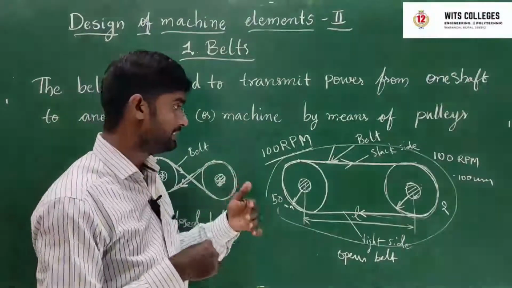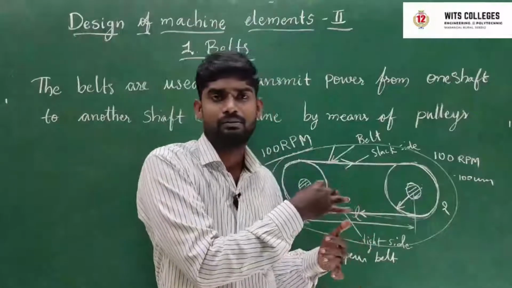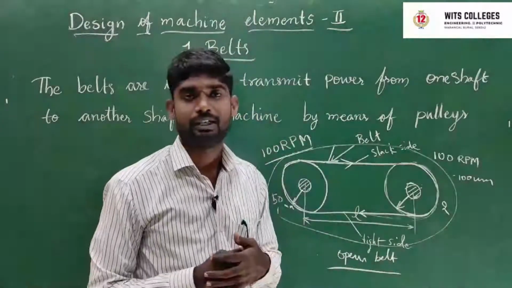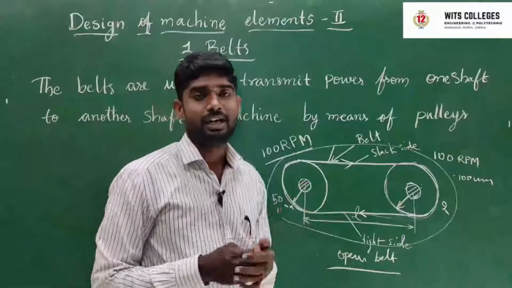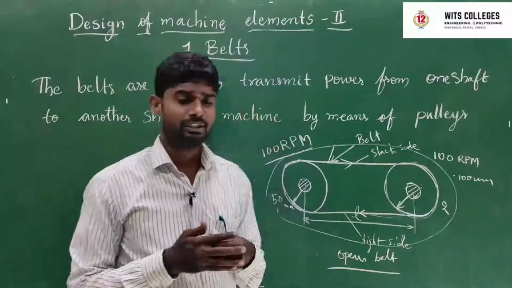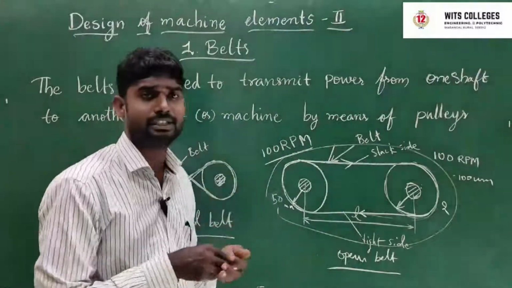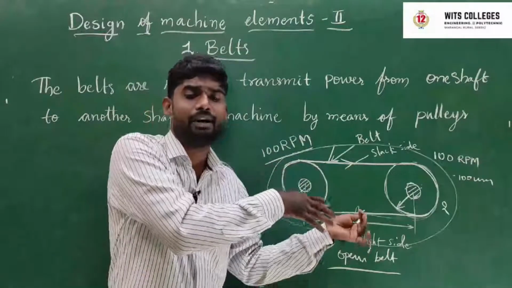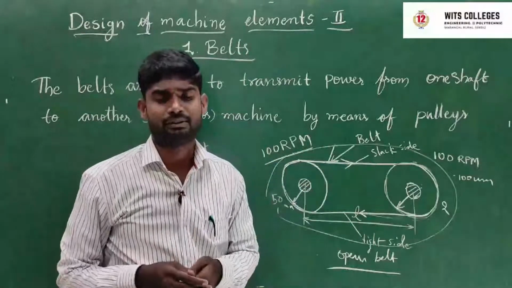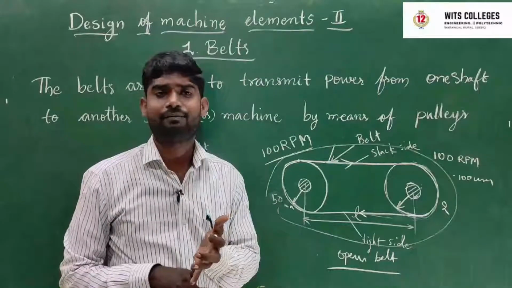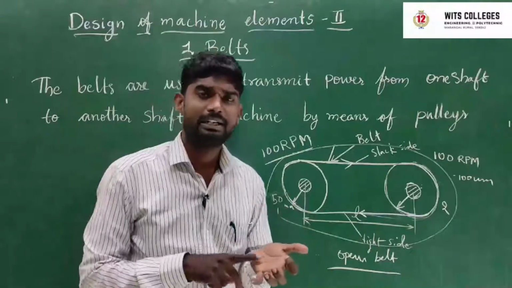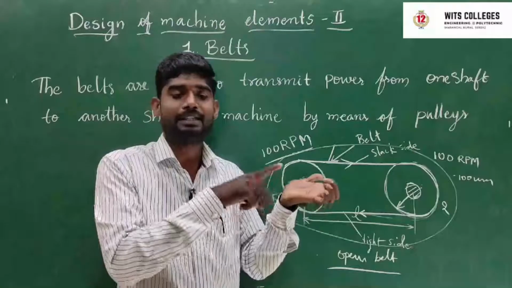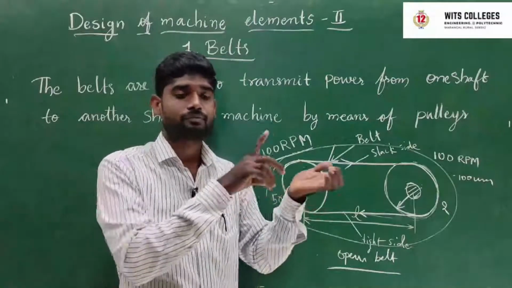If you want the same direction, you can use an open belt. There are also some belt factors. The amount of power transmitted depends upon the following factors: the velocity of the belt, and the tension under which the belt is placed on the pulleys.